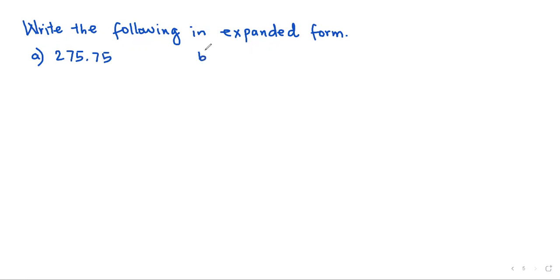Let's have B as 37.235. And let's have part C as 4.6289. Okay, so let's get our solutions.